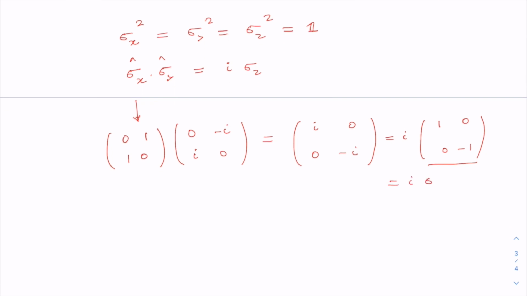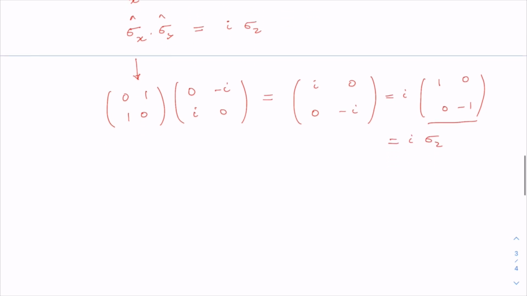So this is i sigma z. Similarly, you can show that sigma y sigma x is equal to minus i sigma z.